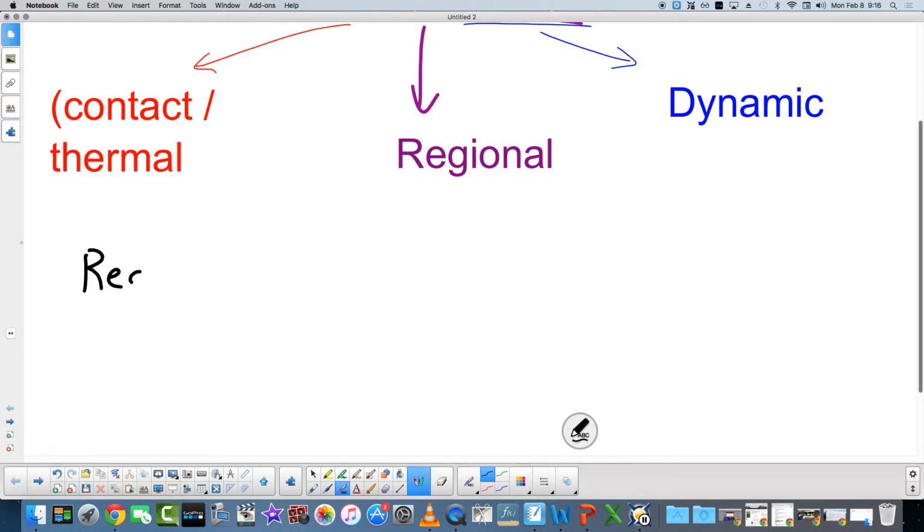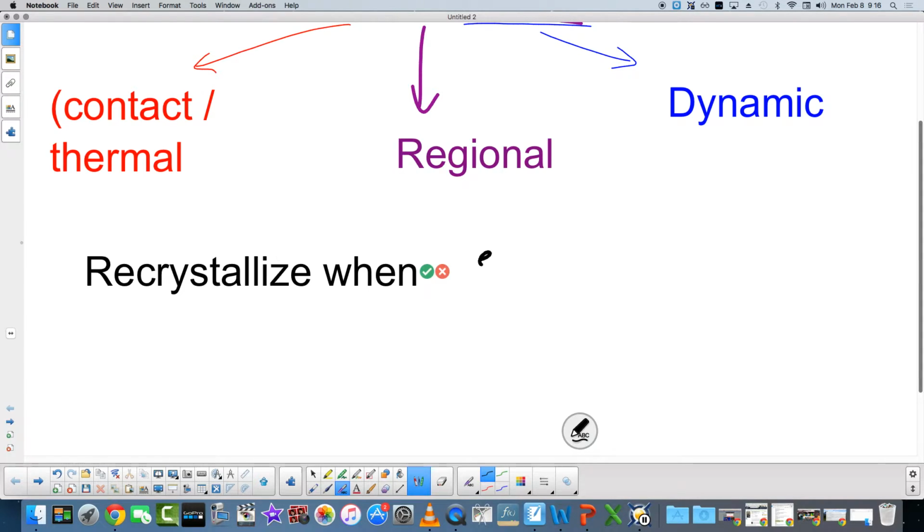They recrystallize when exposed to heat and pressure.